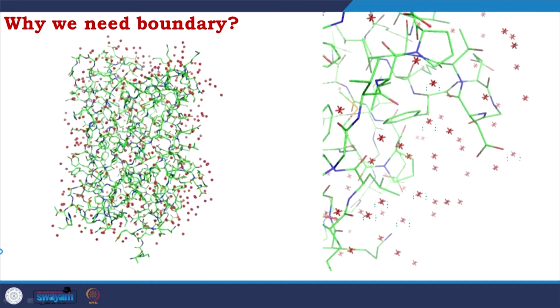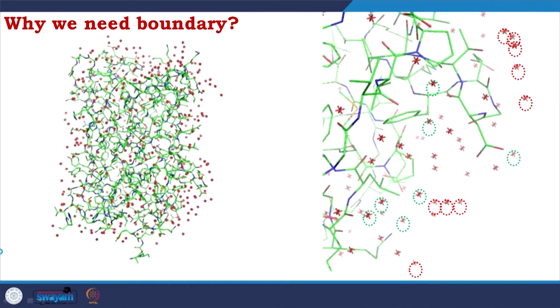So first of all, why do we need a boundary? This is a representation of a protein structure where you see the protein is there, but it is extensively solvated. This structure is coming from the RCSB.